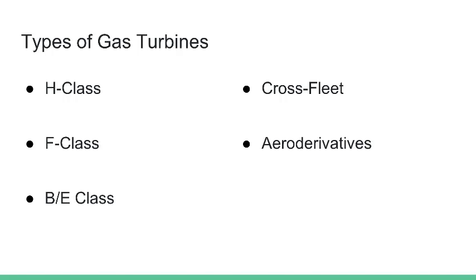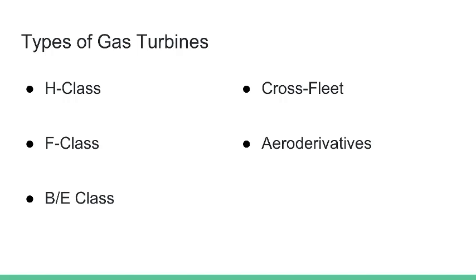Their flagship models we have chosen are, from highest power output to lowest power output: H-class, the heavy industrial; F-class, normal or heavy industrial; B or E-class, the compact industrial that can be a little versatile with other small industries; and cross-fleet and aeroderivatives, which are the most efficient and most compact designs.